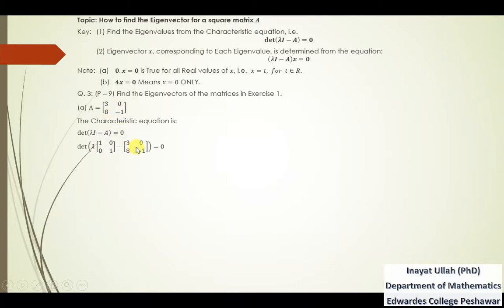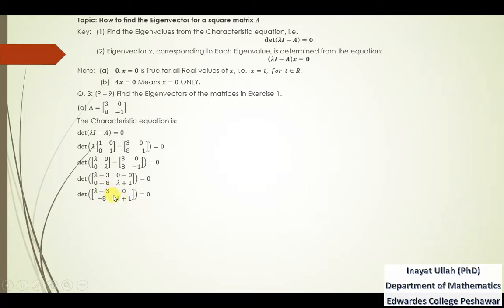Because A is 2 by 2, the identity matrix will be taken as 2 by 2. Multiply lambda inside, subtract these two to get the determinant of this matrix equal to 0.